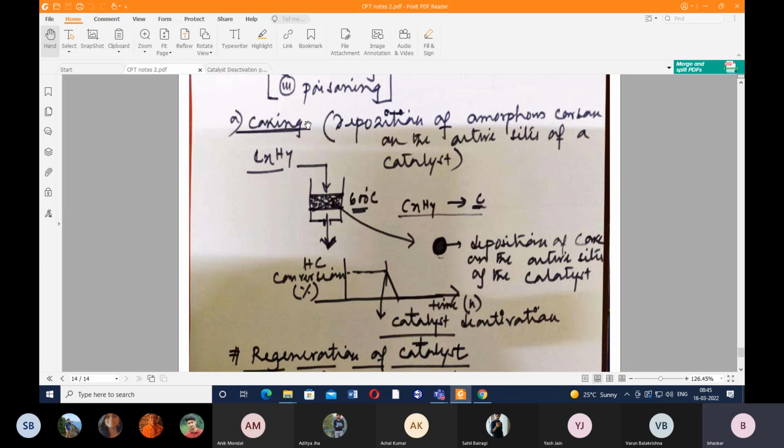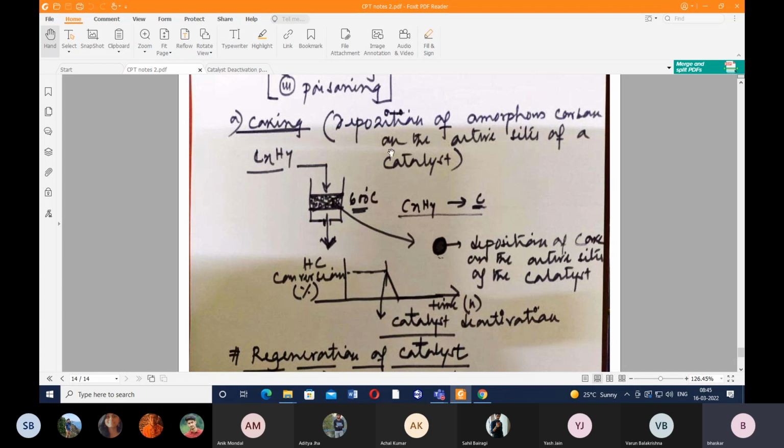There will be one barrier, right? What is the barrier here? The barrier is the carbon layer. For CxHy, it will become next to impossible to penetrate through those carbon layers and come in contact with the active metal part. As a result, after a certain period of time, we will find that the hydrocarbon conversion will drop down to 0. Okay, so this is called the coking effect.